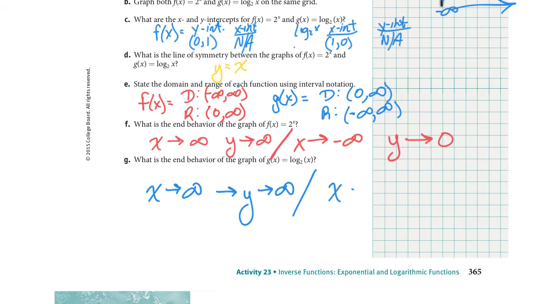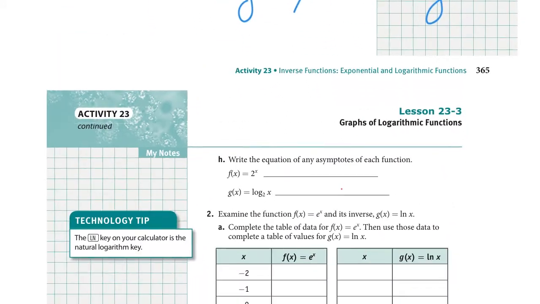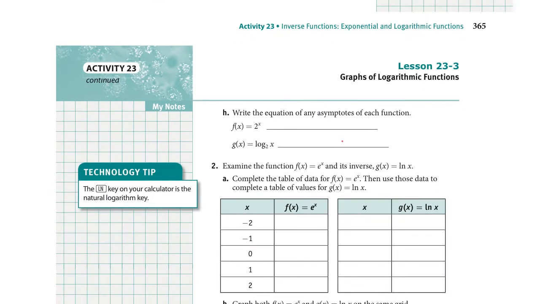So as x approaches 0, y approaches negative infinity. Because the x doesn't go any further than 0, but the closer and closer it gets to 0, the closer and closer y gets to negative infinity, meaning it's dying down. It's getting smaller and smaller. Give you all a second. I'll leave that at the top there. Sorry.